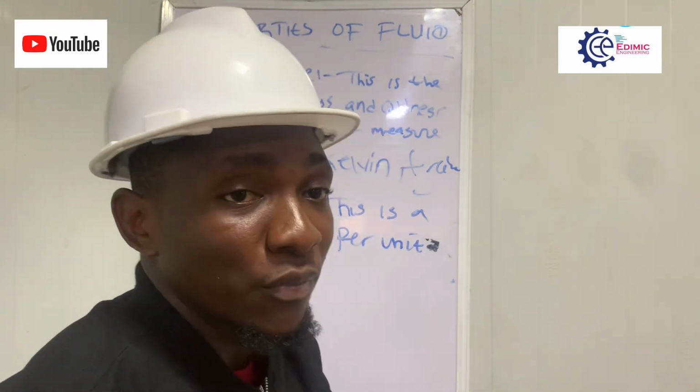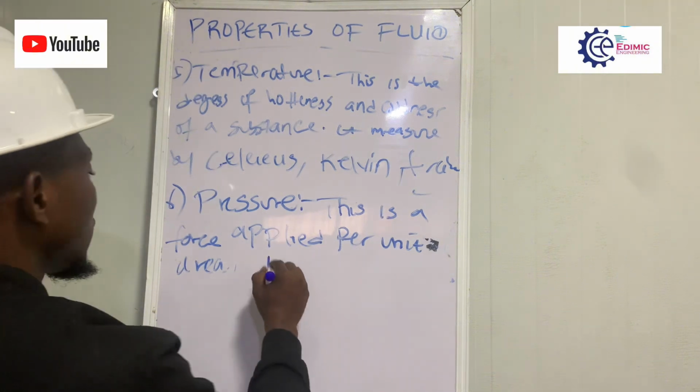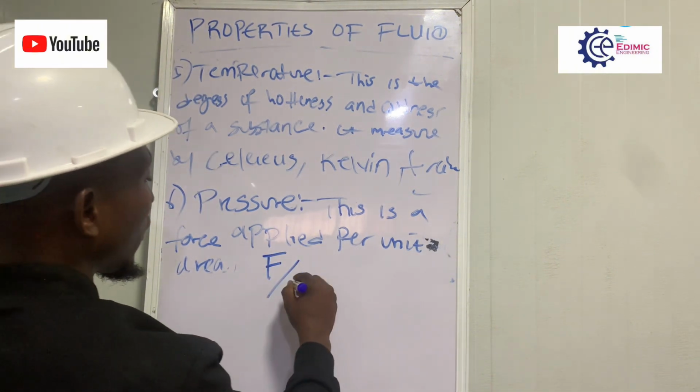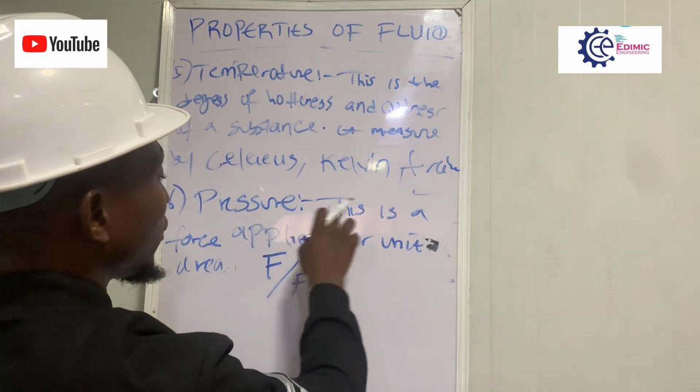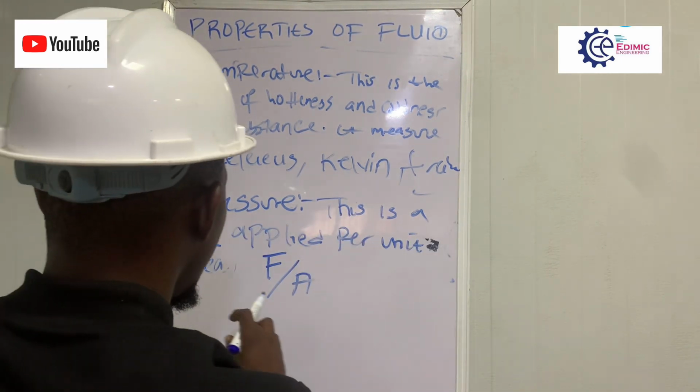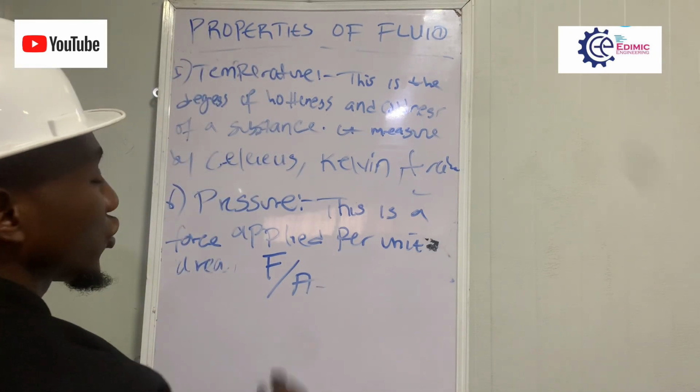Very simple for today's class, it is force all over A, which is the cross-sectional area. Pressure is the force per unit area.